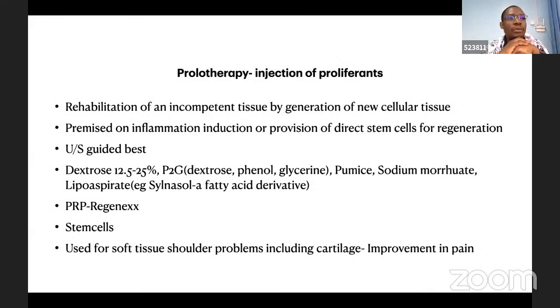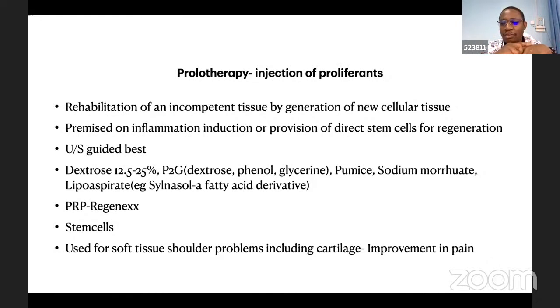Basically, when the shoulder has pain, it is very important to evaluate the patient to determine if the disease is involving structures surrounding the shoulder or the shoulder joint, the glenohumeral joint itself.